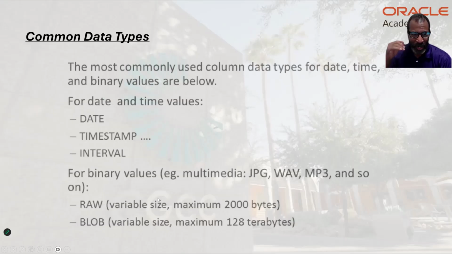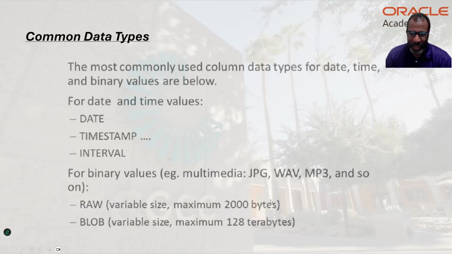So that's quite an expansive capability. For date and time values, there's date, timestamp, and interval. Interval is not used that much anymore, at least not on the front end SQL, but it is useful depending upon the use. Anyway, there are specific reasons for that.